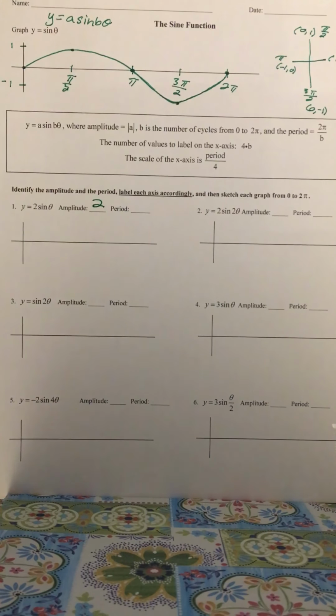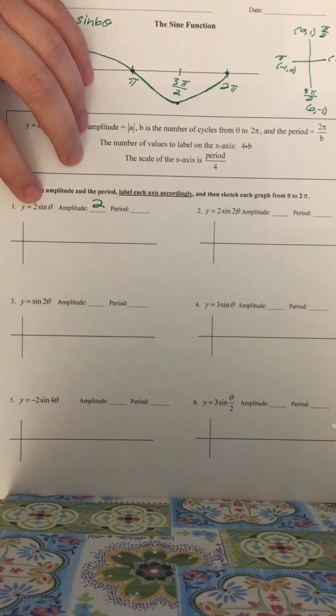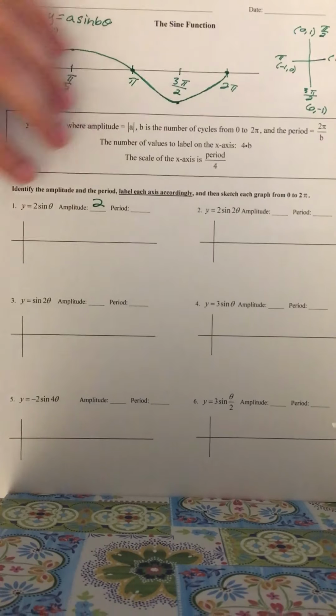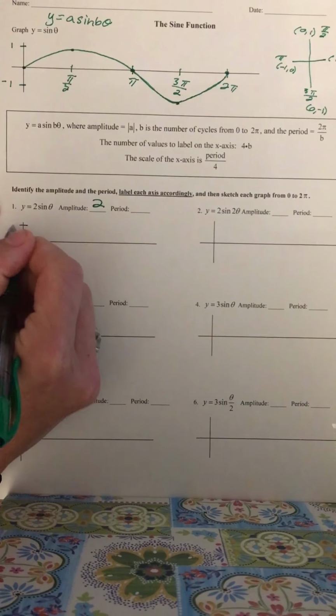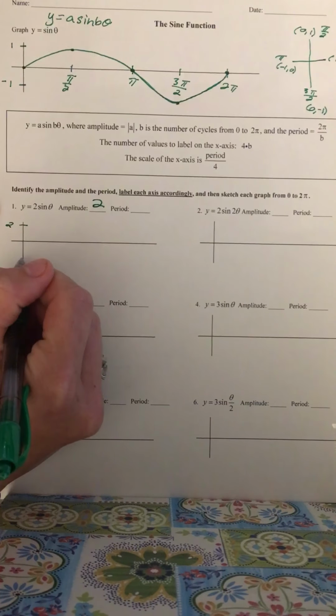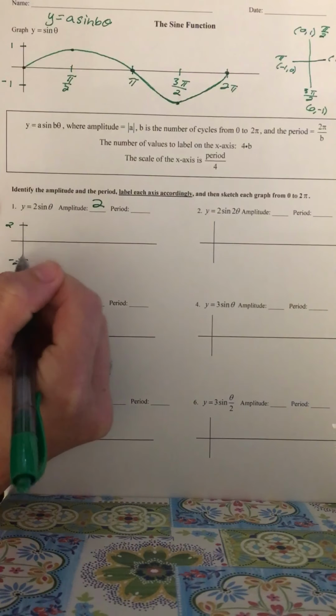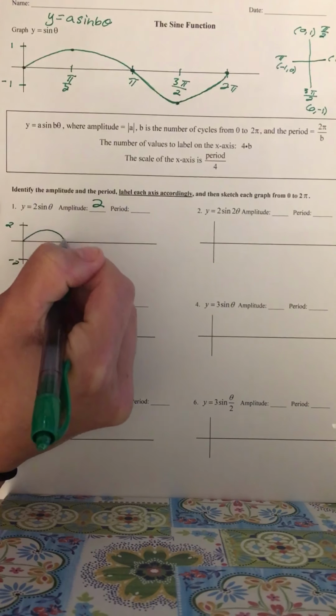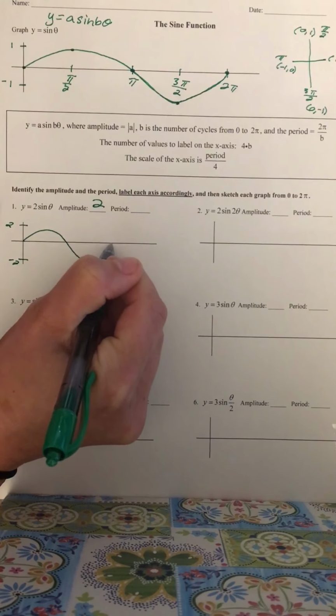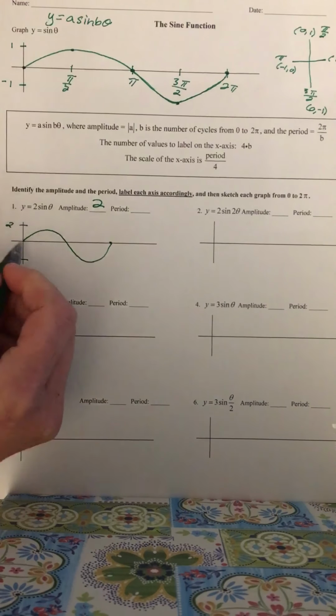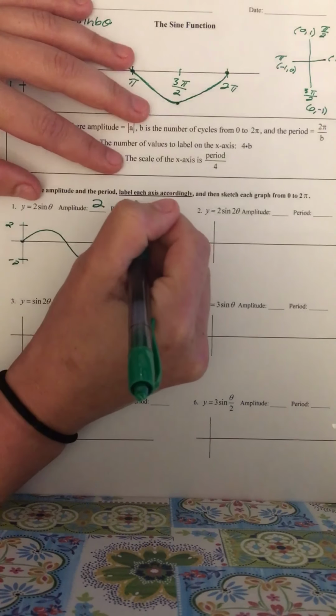Because some of these we're going to have many cycles, some of these we're only going to have maybe half of a cycle. We know that we are going to have one full cycle. So we can say this is 2, here we have -2. Since we have one full cycle, we could just sketch what one full cycle will look like. We know we start at 0, and we know the period is 2 pi.